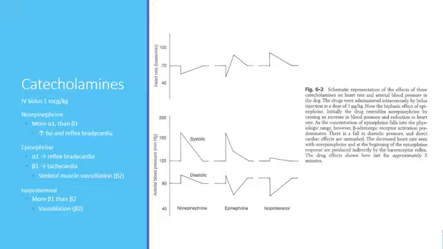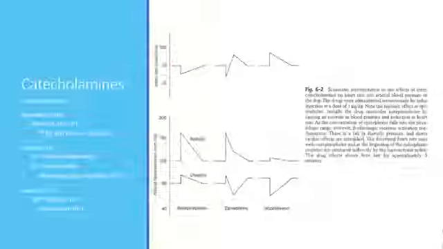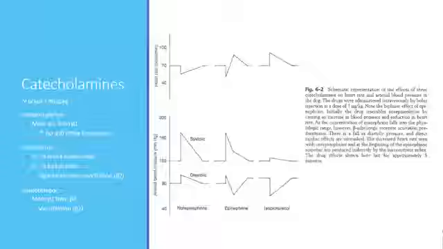And the thing to really take home here is that with norepinephrine, essentially what we see is more alpha 1 activity than beta 1 activity. And so we see an increase in blood pressure with norepinephrine, but an overall decrease in heart rate, and that's because the increase in blood pressure produces a reflex bradycardia, where the heart rate kind of slows down a little bit.